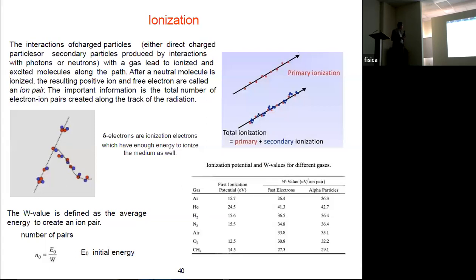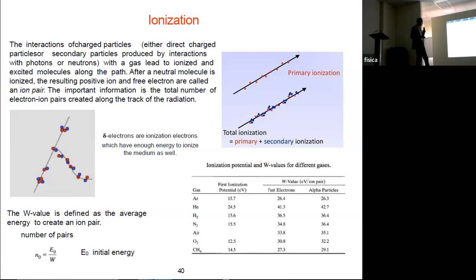And this W value is actually the average energy needed to create one electron-ion pair. This is an experimental and well-measured parameter. To calculate the number of electron-ion pairs, you just divide the initial energy by this value.